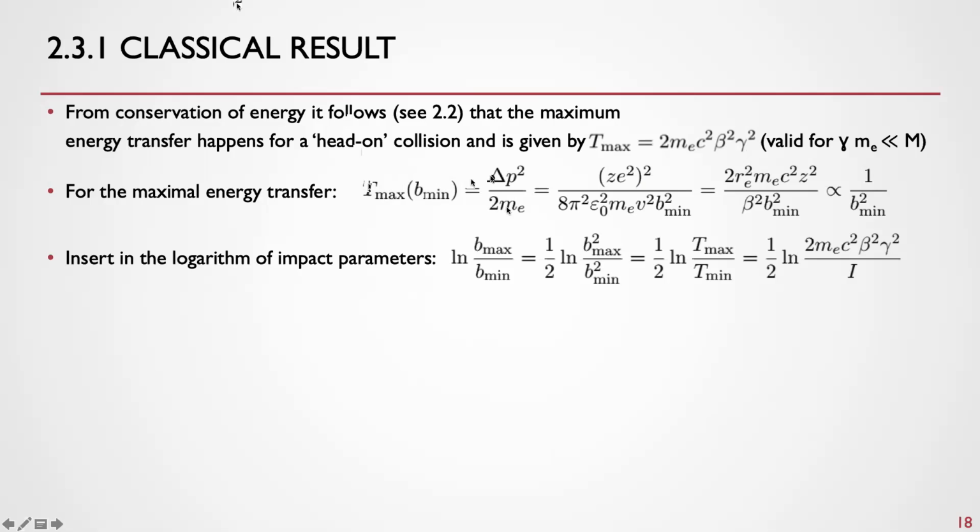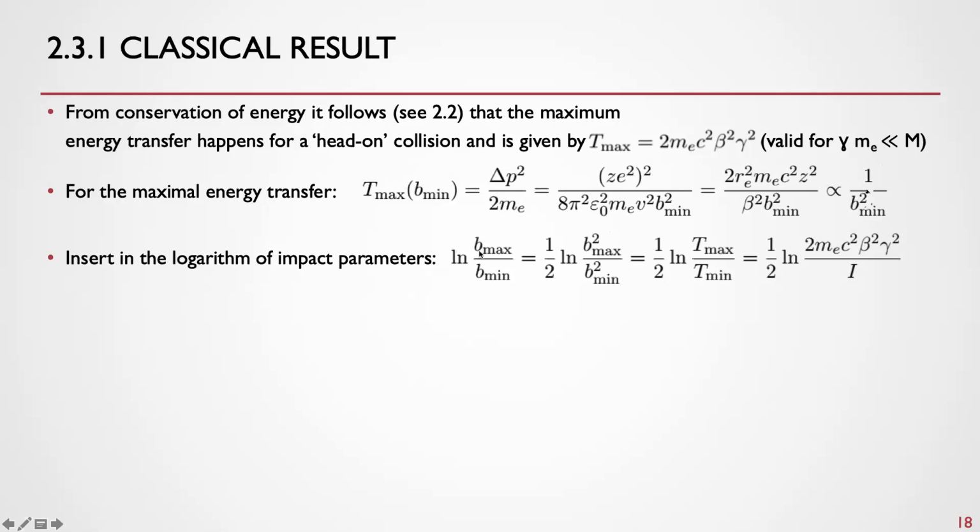It was delta b squared over 2 m_e, and because the impact parameter appears in the denominator, we know that at the minimum distance for head-on collisions, we have the maximum transfer. And all we need to know is that T_max is proportional to 1 over b_min squared.